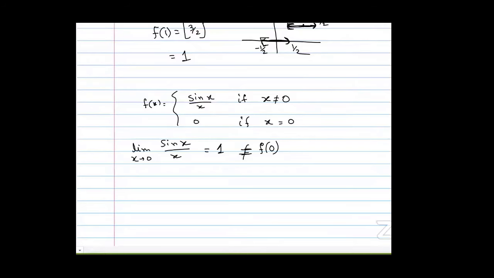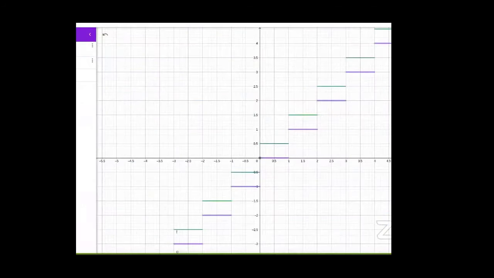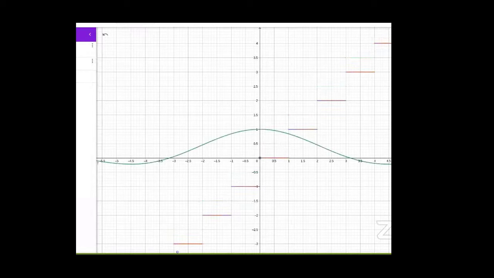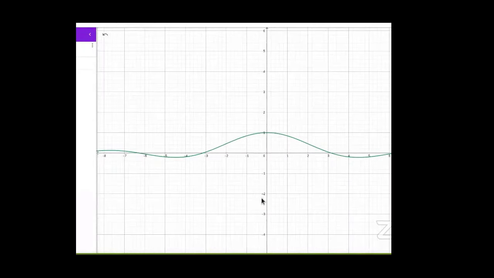If you can see this graph of sin x by x, let me show you this graph. Can you see the graph of this function? Yes, sir. So this is the sin x by x graph.